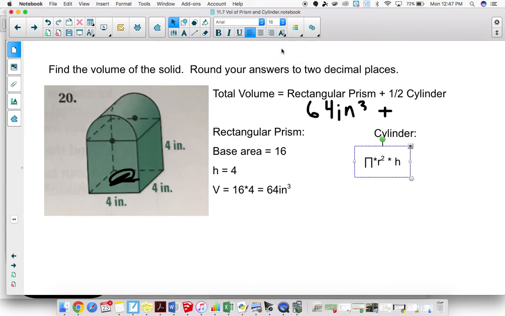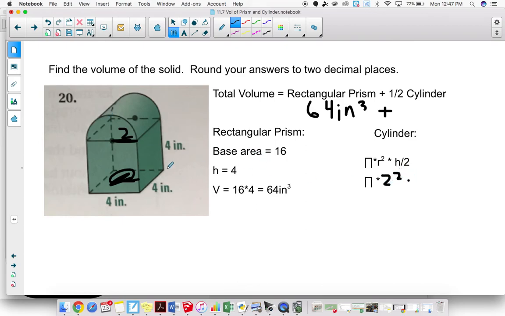But that would be for a full cylinder. If we chop it in half, we have to divide it by 2. So we're going to do pi times the radius of the circle, which if you notice the whole base length is 4. So this would have a radius of 2. So we're going to do 2 squared times the height, which again on the cylinder, the height would be the distance between the circular bases. So that would be 4.